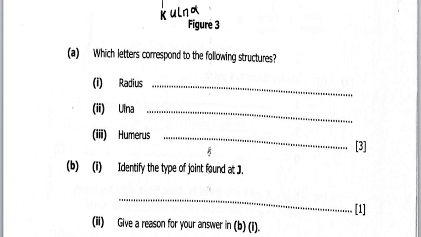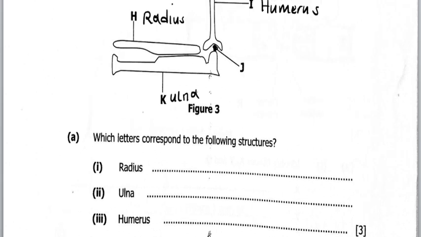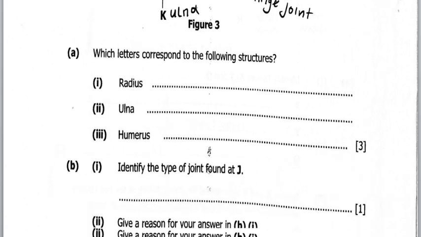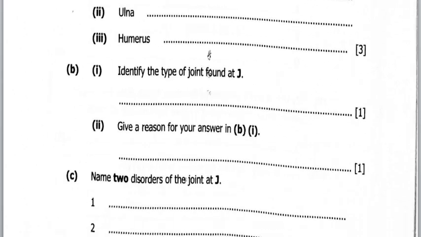Now what type of joint is found at J? At J we find what we call the hinge joint. That's the type of joint that is found there. Then give a reason. Why is it called the hinge joint?